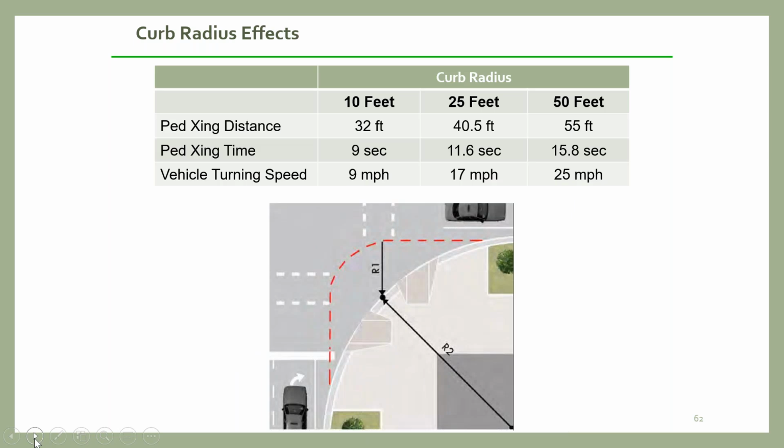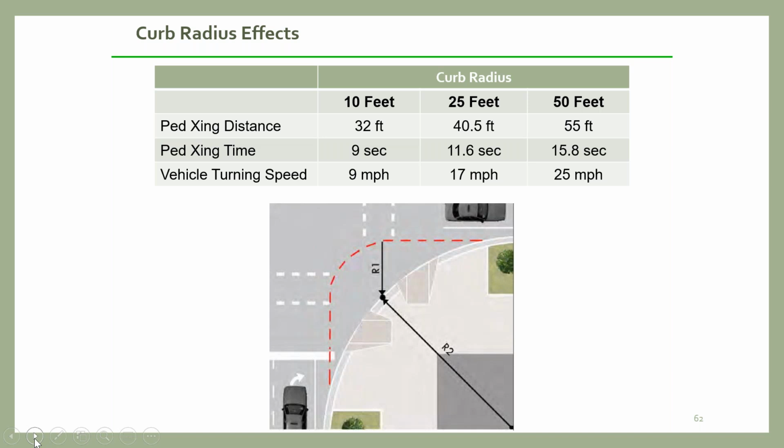And a little bit of a difference in that radius actually makes a big difference in terms of these concerns of turning speed, crossing distance, and crossing distance is also crossing time, exposure that the pedestrian is in the crosswalk. So the difference between a 10-foot curb radius, a 25-foot curb radius, and a 50-foot curb radius actually makes a significant difference in terms of that pedestrian crossing length and the vehicle turning speed that that type of radius permits.